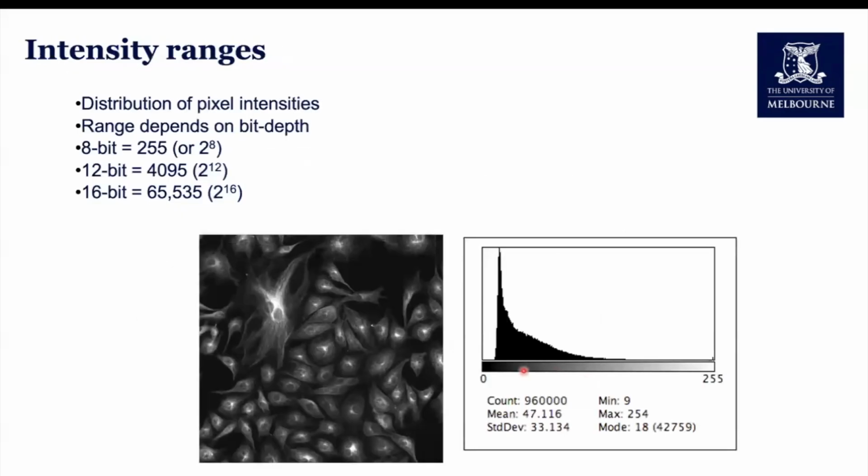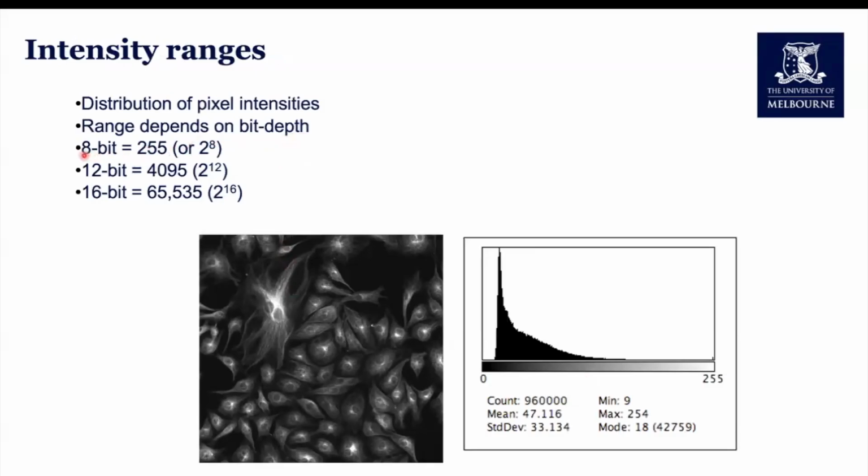It all comes back to our fluorescence image, and this is a digital image, and the image is made up of pixels which have intensity values associated with them. So the intensity range is determined by something called the bit depth.